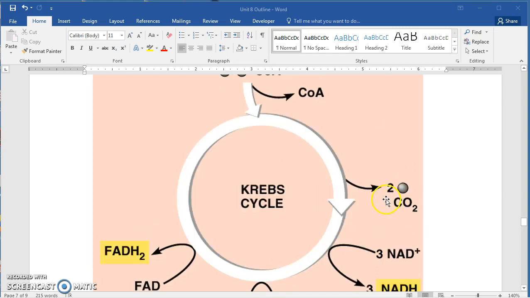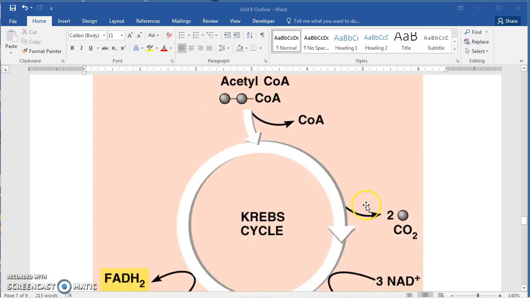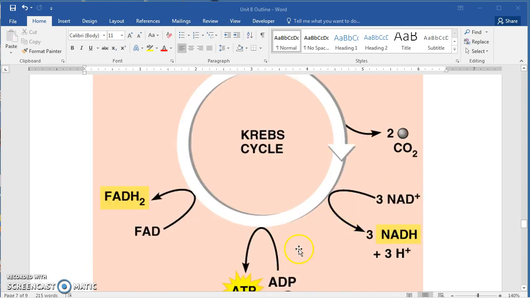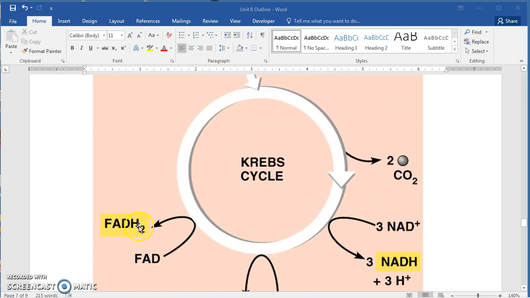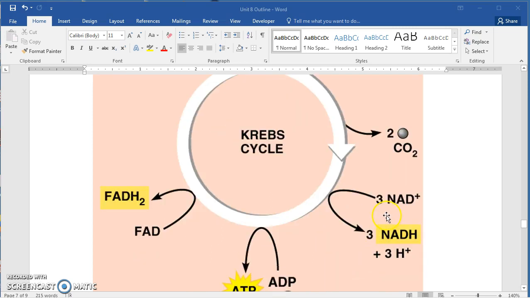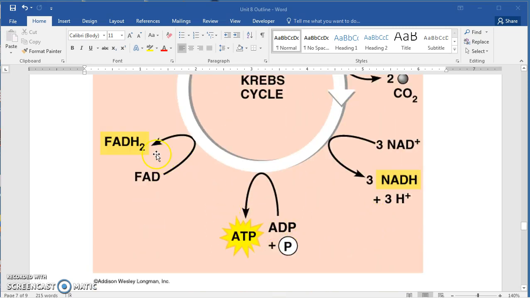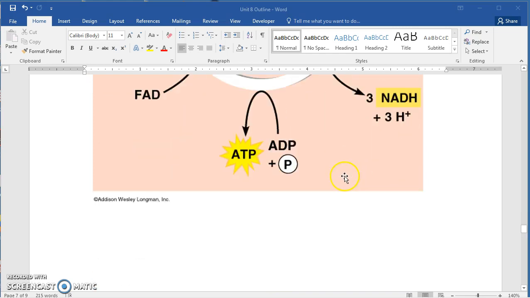It will be a total of 4 eventually. 3 NADHs for every acetyl coenzyme A that enters, an ATP for every acetyl coenzyme A, and an FADH. Since there are 2 acetyl coenzyme A's entering, we're going to have 4 carbon dioxides, 6 NADHs, a couple of ATPs, and 2 FADHs. And again, I'm not concerned that you know how many carbon dioxides.